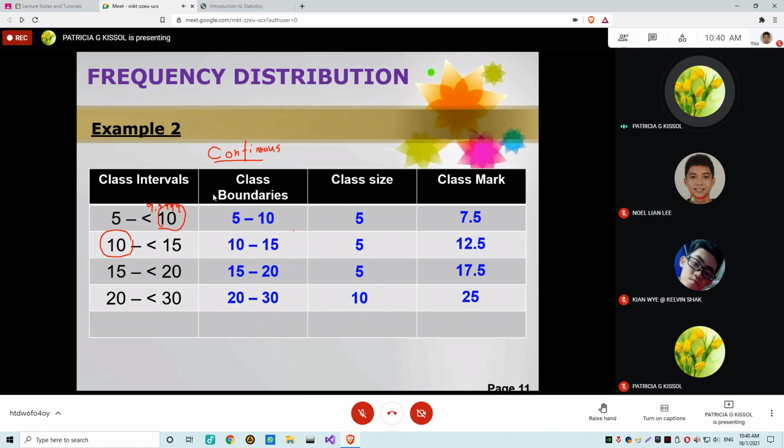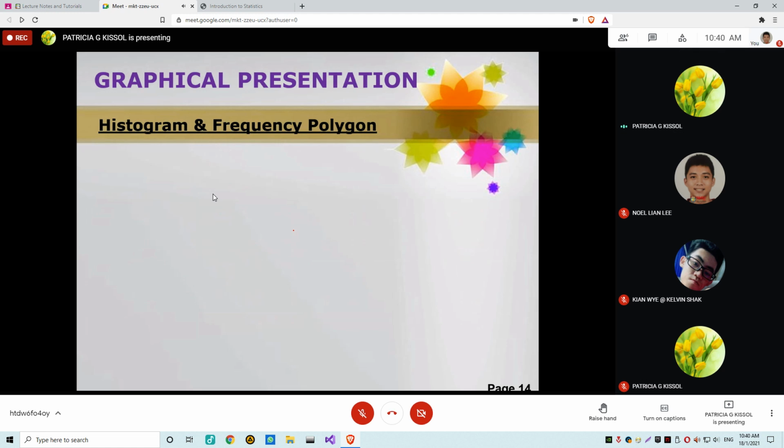No problem? Okay. So when that's clear, then we go on to how you present graphically, which is using the histogram and frequency polygon.